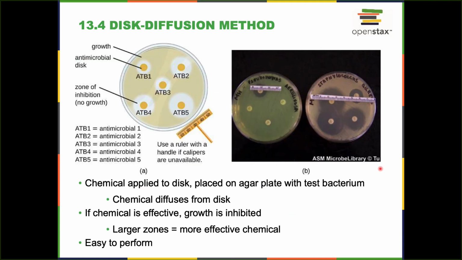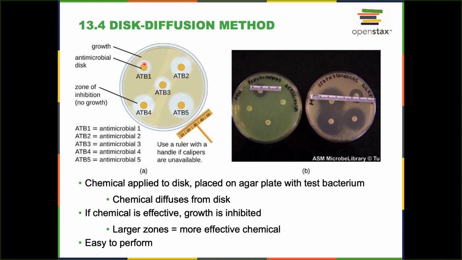Another very useful test is called the disk diffusion method. It's simple. The principle here is that you take your antimicrobial, you lace it into a disc, right? So sometimes you buy these things from the manufacturers with various antibiotics. Sometimes you can just take a cotton or filter paper disc, you soak the chemical in it, and then you place it on this agar plate that has bacteria on it, and then as the chemical diffuses away, the growth of the bacteria here will be inhibited, right?